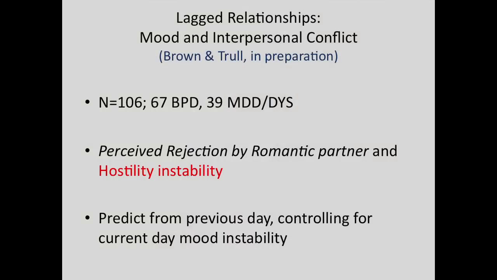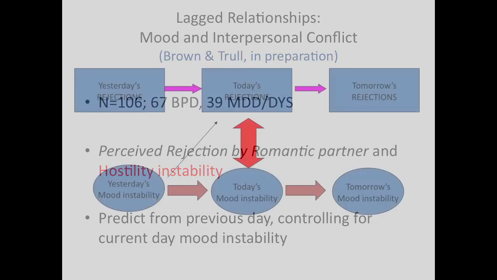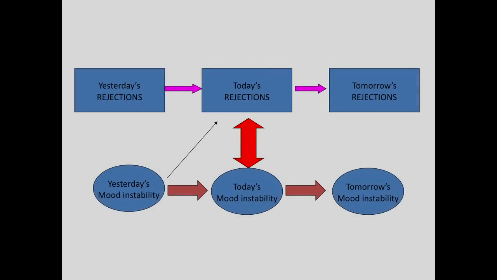What we wanted to do here, instead of looking only concurrently or across the whole study, and looking correlationally at what's going on, is whether we can back up to the previous day and predict the next day's feelings of rejection from this disruption or dysregulation of hostility. So here we're interested in this lag effect.